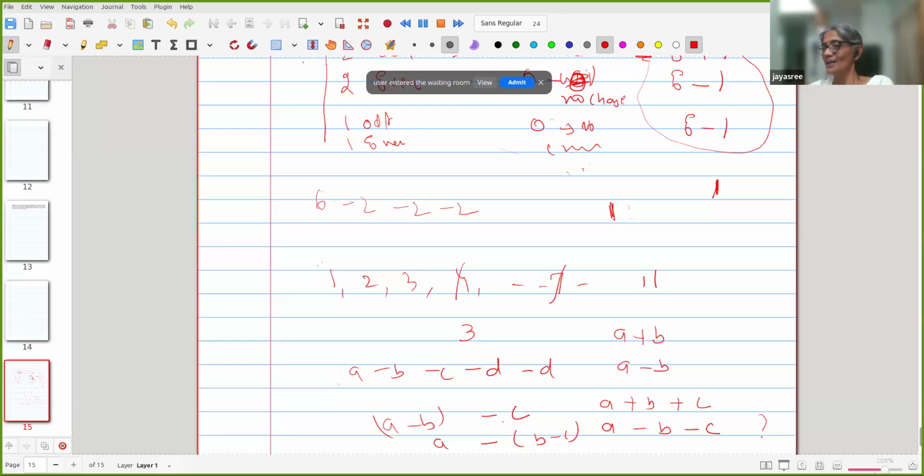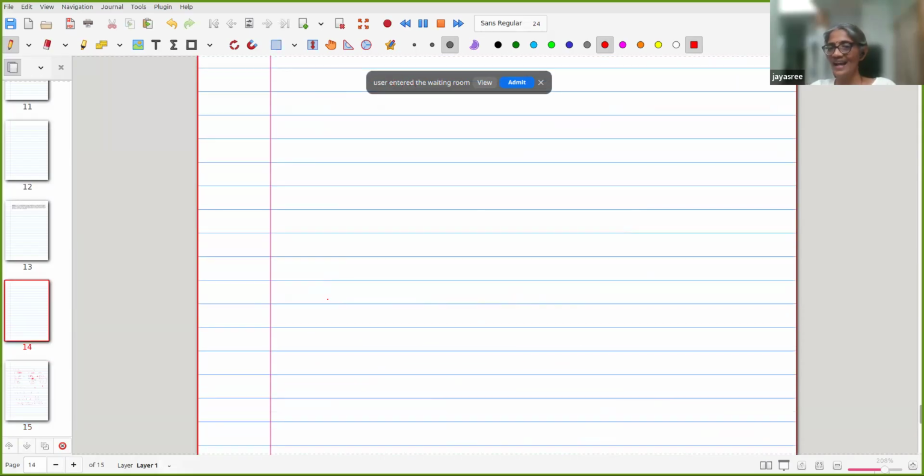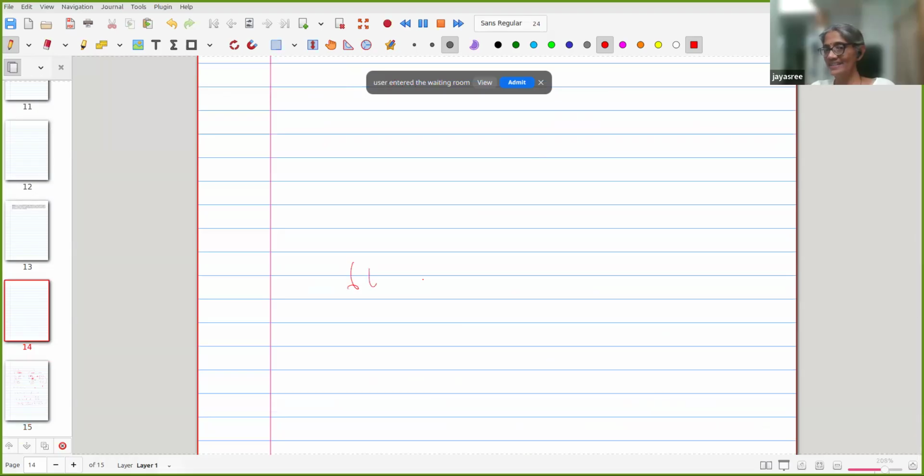We can't just add. But I think Yagnika was right, who said that we start with 66, and at each step we are doing A plus B minus A minus B, and A plus B and A minus B have the same parity. So we are starting from an even number, 66, and at each step we end up subtracting an even number from 66, and therefore we will end up with an even number.